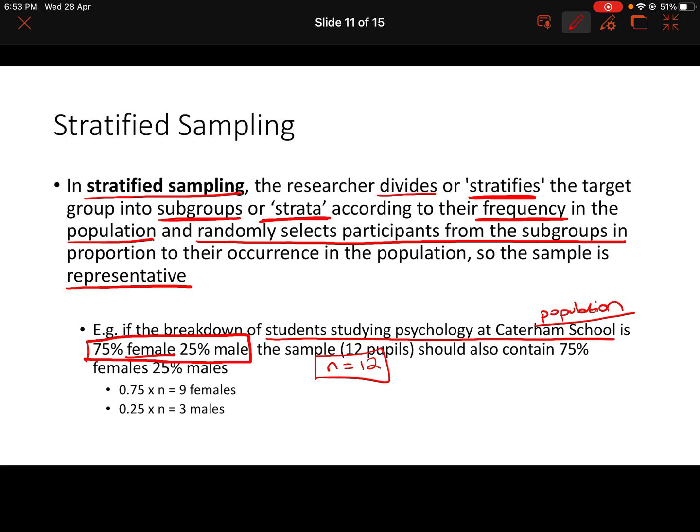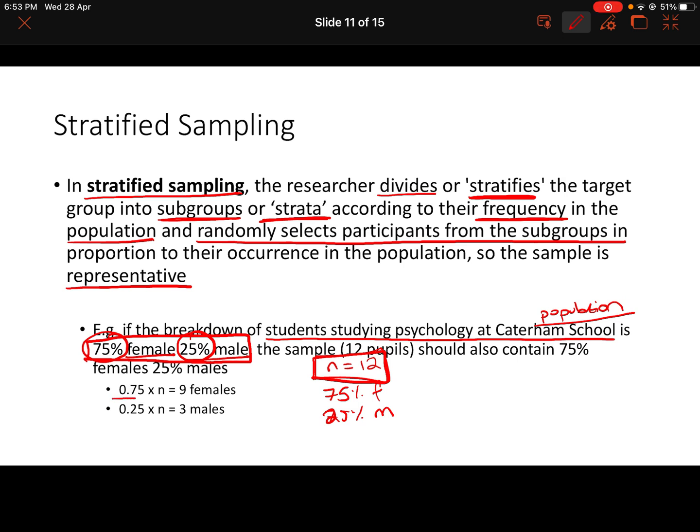We've got females and males. And we can see the proportions at which those subgroups occur. We can see that we have 75% female and 25% male. So it means in our sample of 12, we want to make sure that we have 75% female and 25% male.